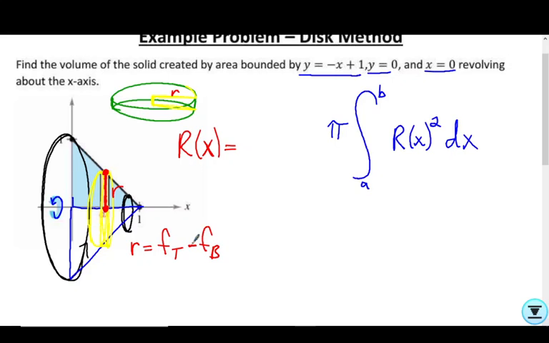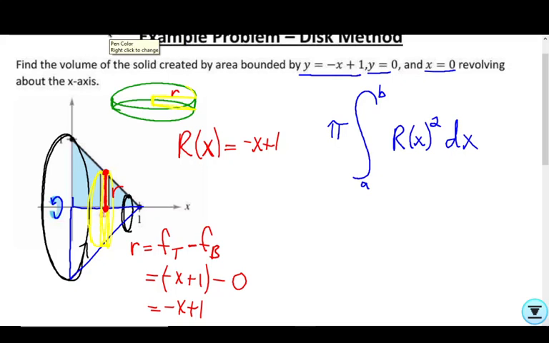We've been doing this for a while now. Okay? So the length of this piece is top minus bottom. So we're talking about the top function, which is negative x plus 1, minus the bottom function, which is 0, which gives us negative x plus 1. So that's what my radius is, negative x plus 1. Now, we need our upper and lower limits.